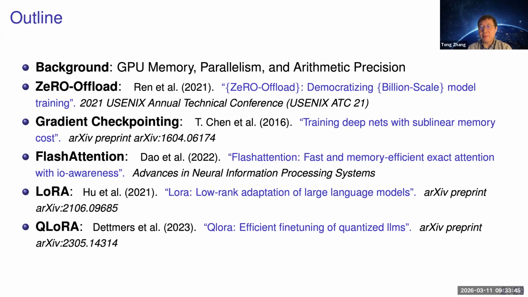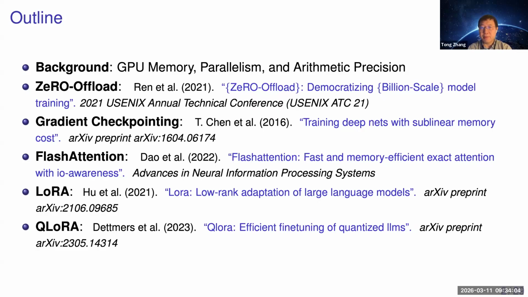We'll also talk a little bit about Flash Attention. This one is useful for longer sequences, in the way it handles attention. It's a simple idea, but generally it is needed. LoRA is another technique. It's an adapter technique.